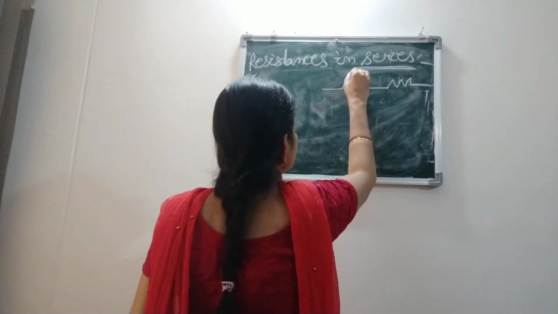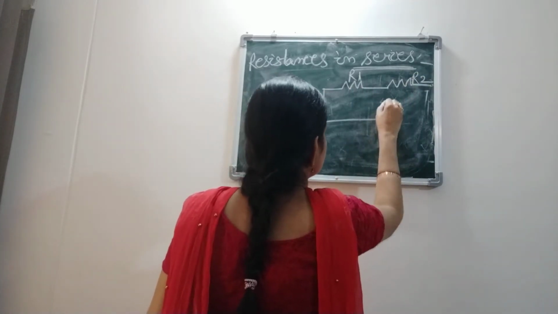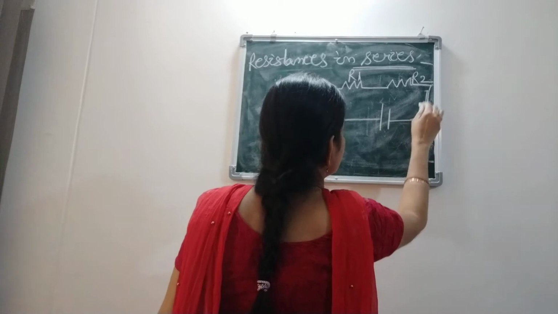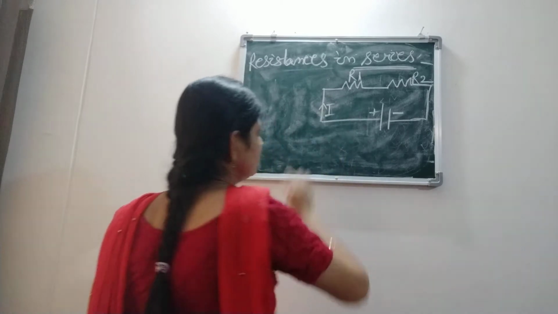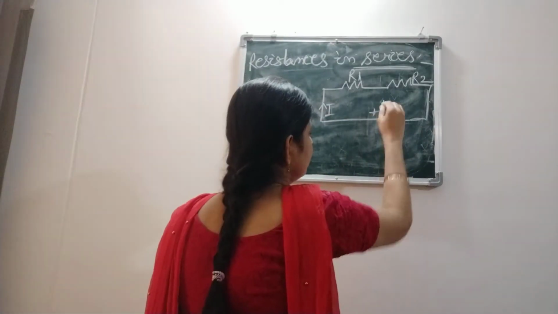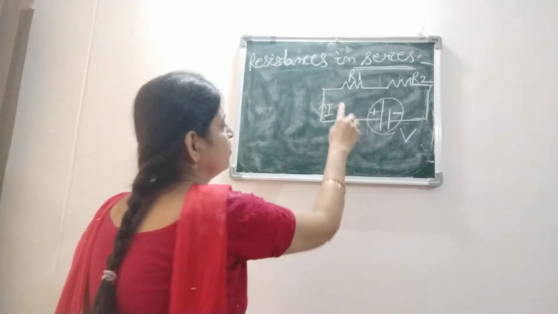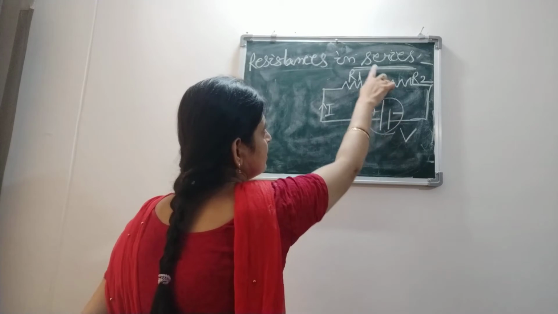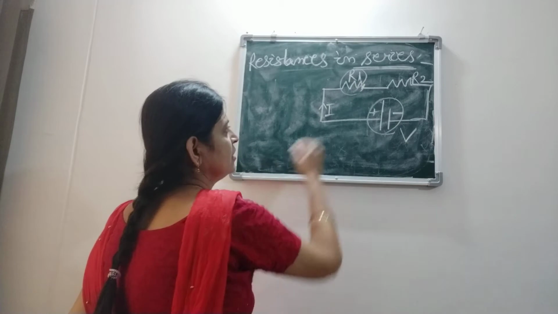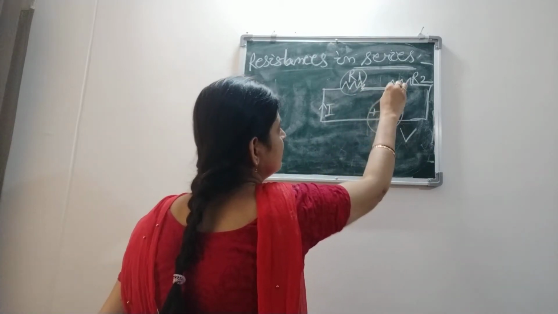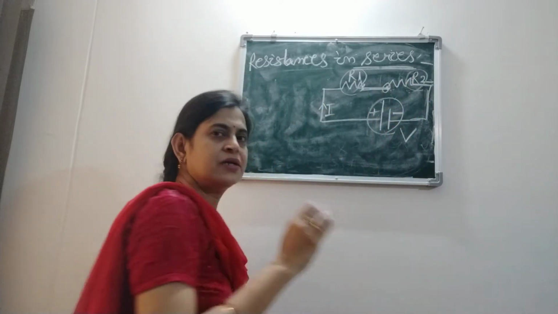Now suppose this is resistance R1 and this is resistance R2. Both are connected to a cell. This is the positive terminal and this is the negative terminal, and current I is flowing. The potential difference across the cell is, suppose, V. These two resistances are connected in series because one terminal of resistance R1 is connected to another terminal of resistance R2 with the help of a connecting wire.